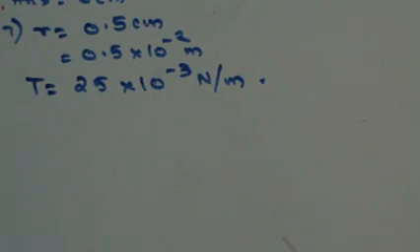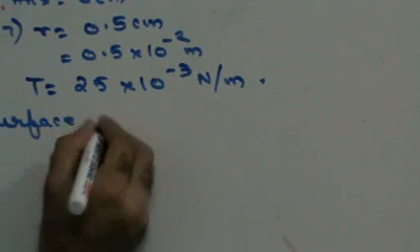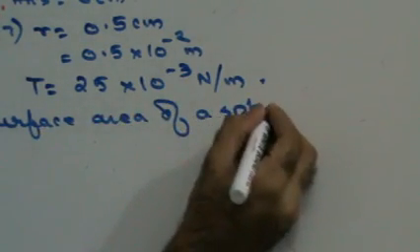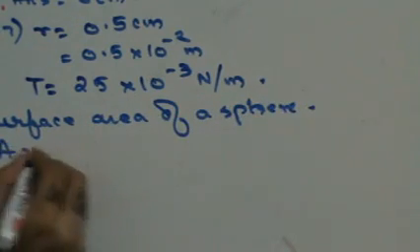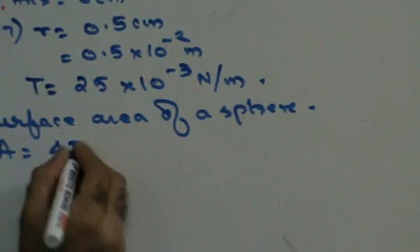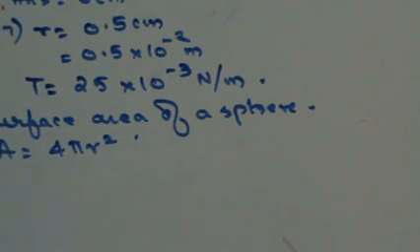Now guys, if a soap bubble is blown, you will get a sphere. What is the surface area of a sphere? Surface area of a sphere is nothing but 4 pi r square. Now, the bubble has two free surfaces, the outer and the inner.